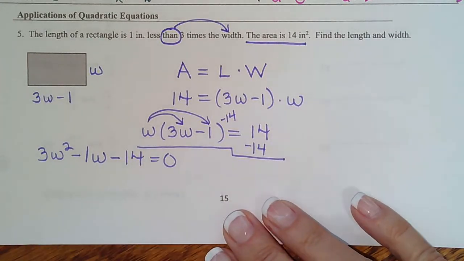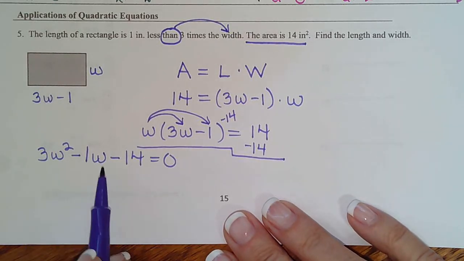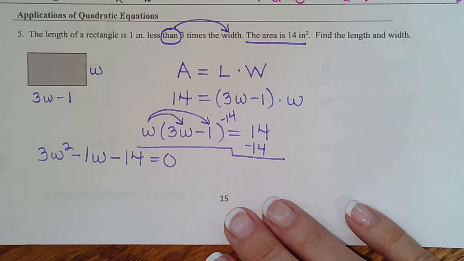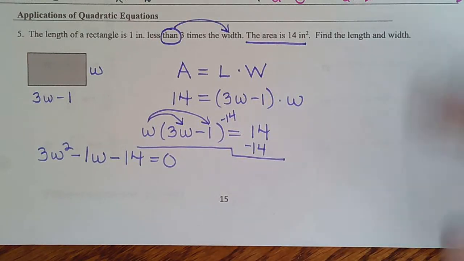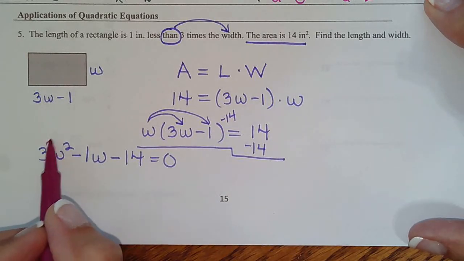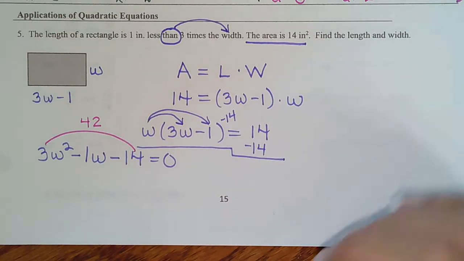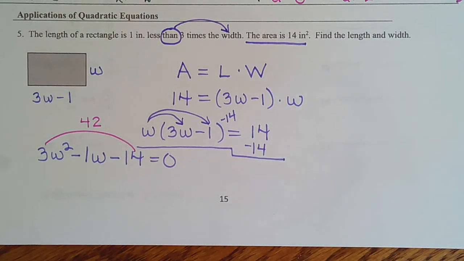So we are looking at the AC method, because I see there's nothing common. That tells me to look at the leading term. When the leading term's not 1, I have to use the AC method. So 3 times 14 is 42. And remember, we don't have to worry about signs; we'll take care of the signs later.